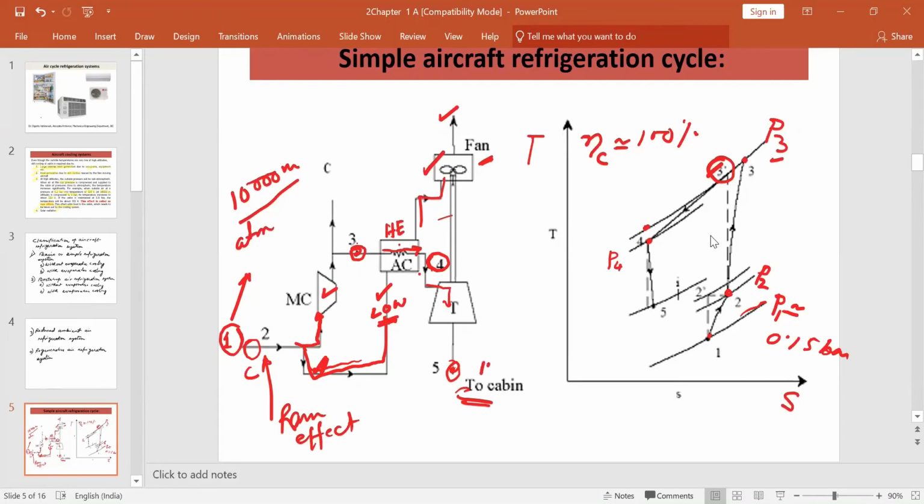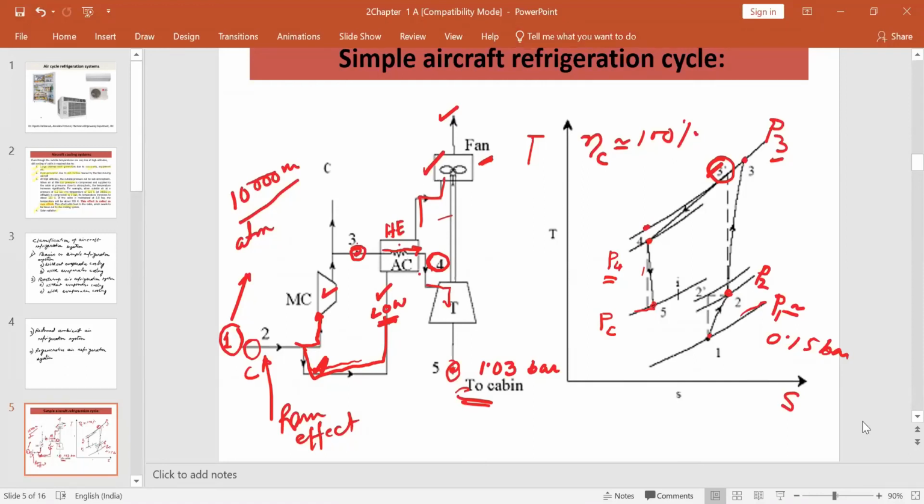This will be comfortable at this pressure. But P4 is the high pressure, so you cannot insert this high pressure air directly into the cabin. So we pass it through a turbine. Now this is the cabin pressure, PC. The temperature also decreases.